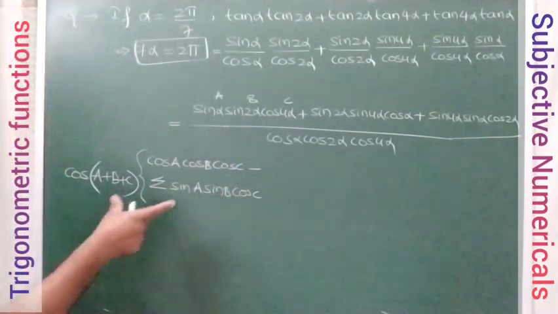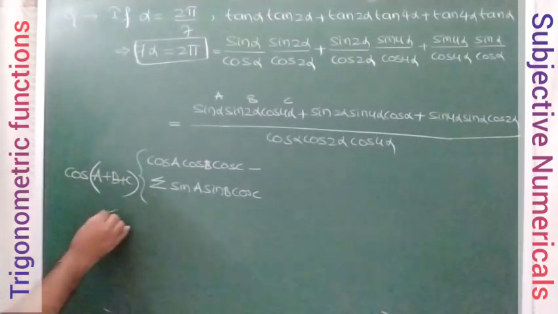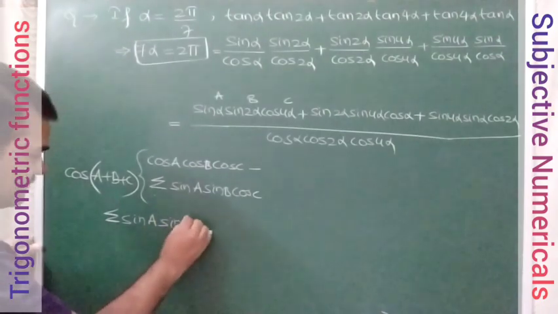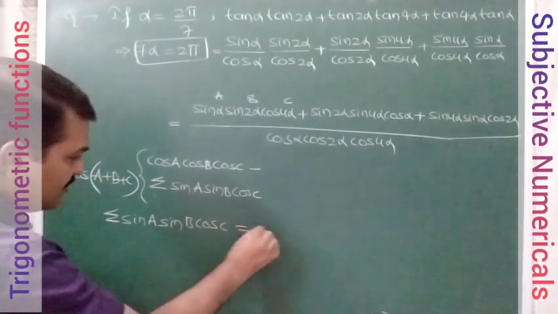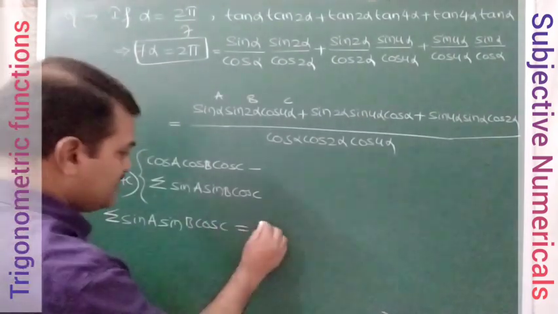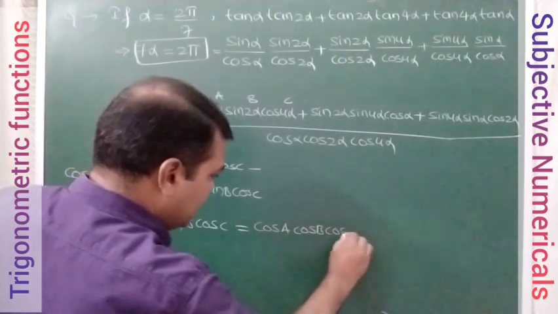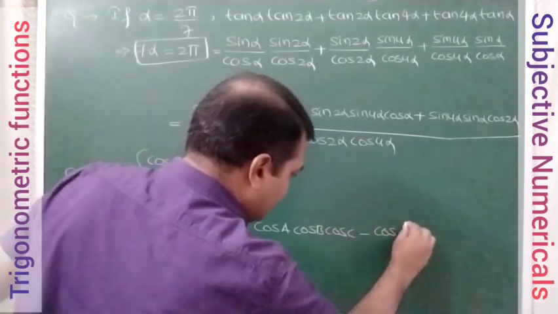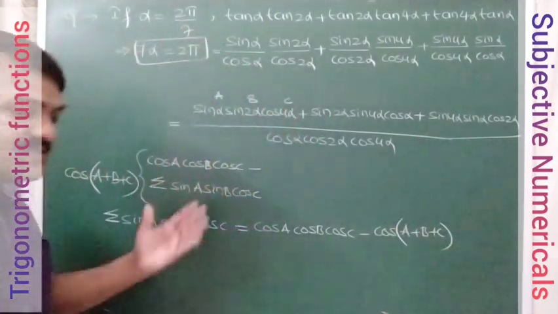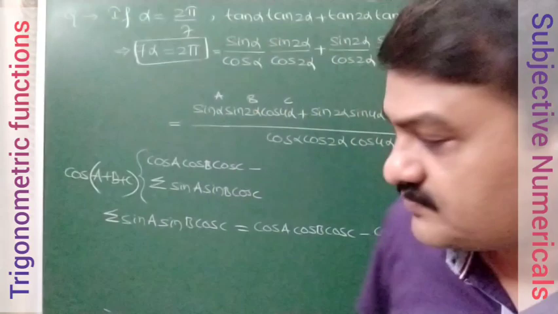So what is the value of sigma sin A, sin B, cos C using the cos of A plus B plus C formula? Using this formula it becomes cos A, cos B, cos C minus cos of A plus B plus C. So this is the compound angle formula which we were actually discussing.